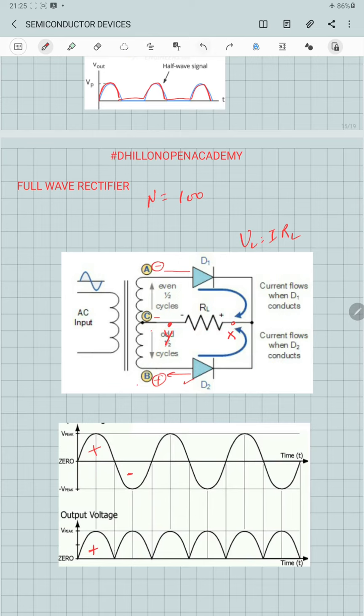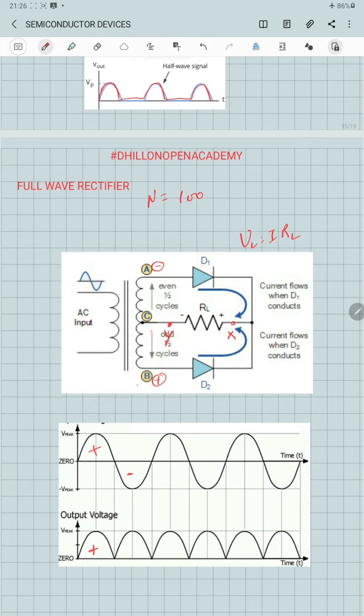So forward biasing of the diode D2 takes place, but for diode D1, its positive is connected with the negative terminal at the point A, and its negative is connected through the load resistance again with the negative. So reverse biasing of the diode D1 takes place.